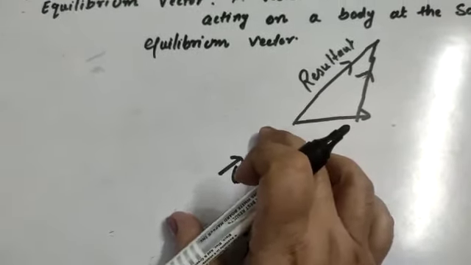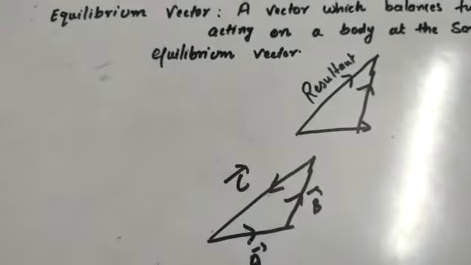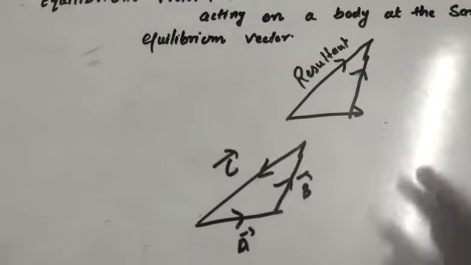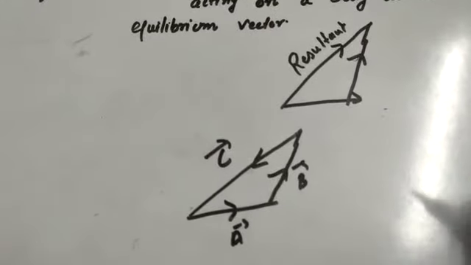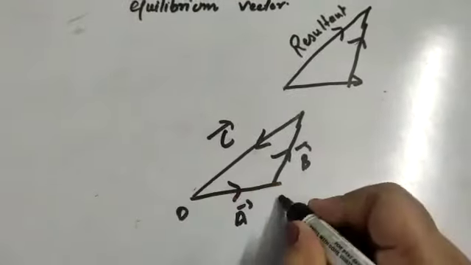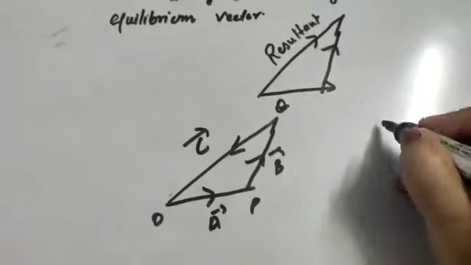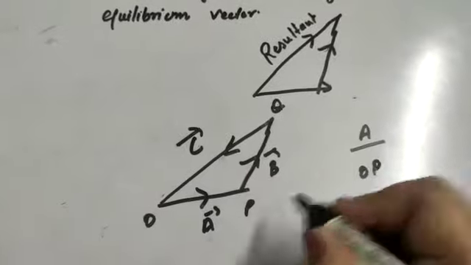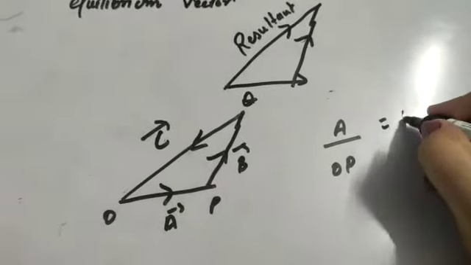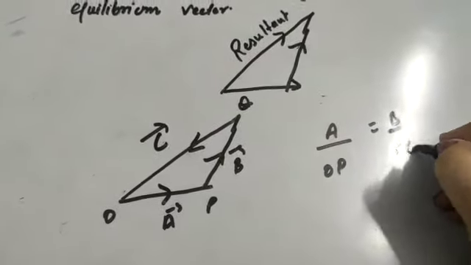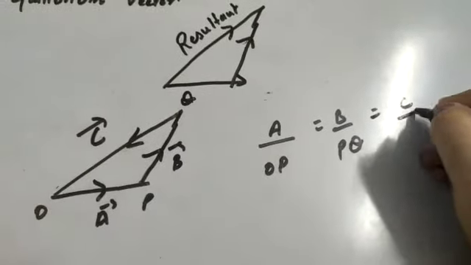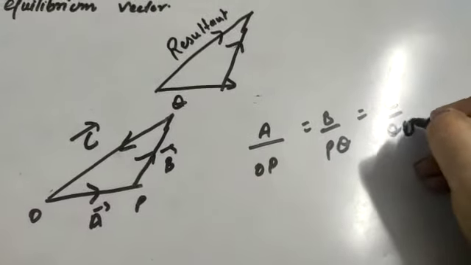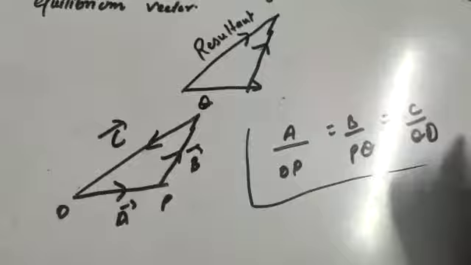The condition for equilibrium is that the ratios of the vectors to their sides are equal. Let me name the vertices O, P, Q. Then A upon OP is equal to B upon PQ is equal to C upon QO. This is the condition for zero resultant vector.